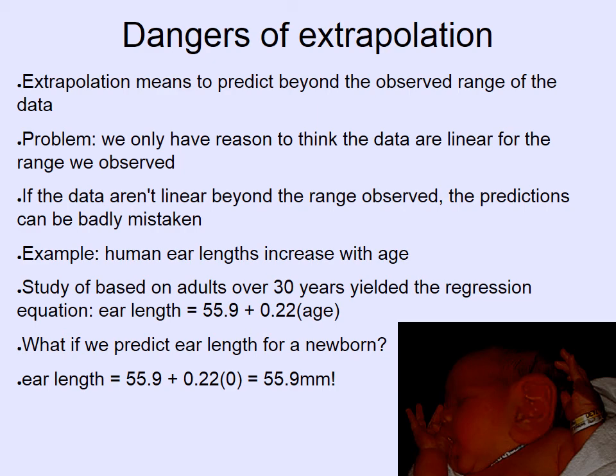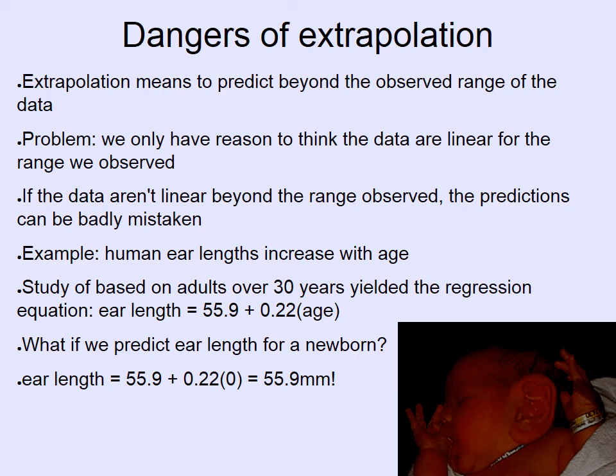Also, we have to be careful not to extrapolate this linear model beyond the range of data that we have. We only measured the linear relationship in the range of data that we have. If we start extrapolating beyond that, we can make major errors, and the relationship may not be linear anymore. Here's a good example, and there's the poor baby with giant ears.